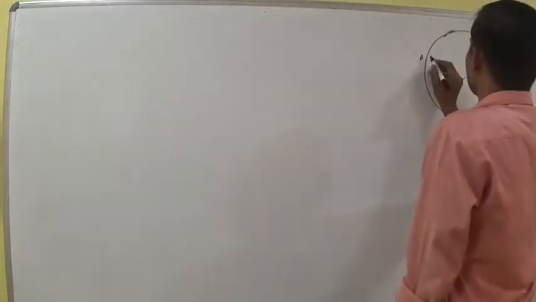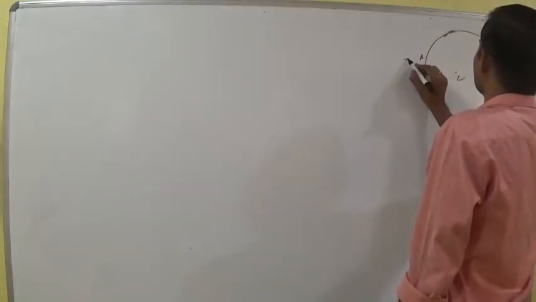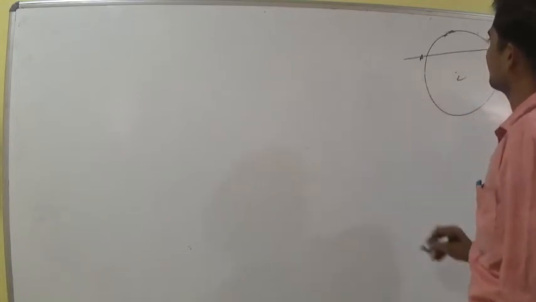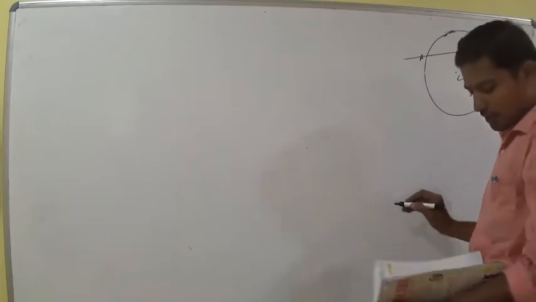The line which passes through the points A and B is called a secant of the circle.